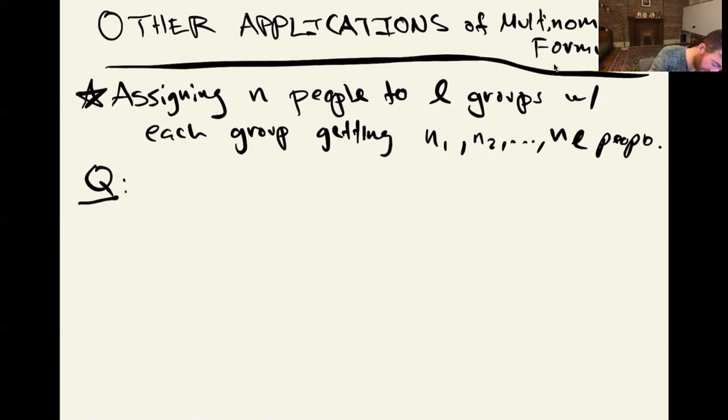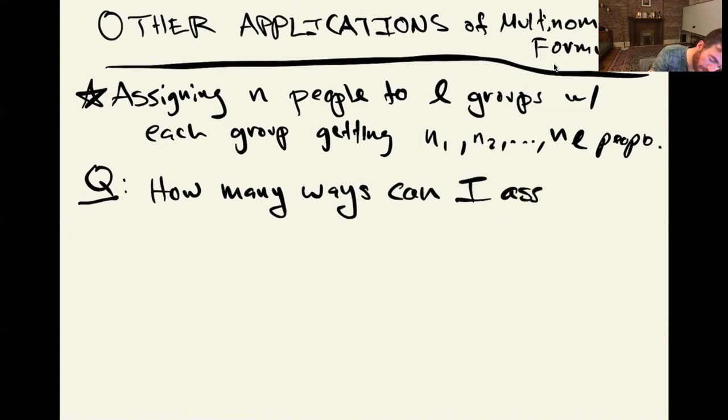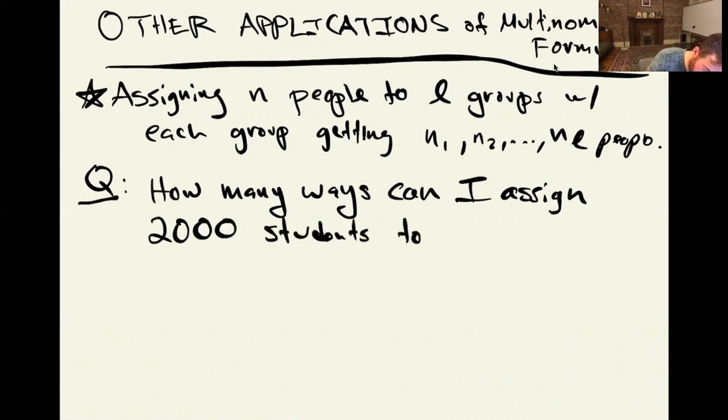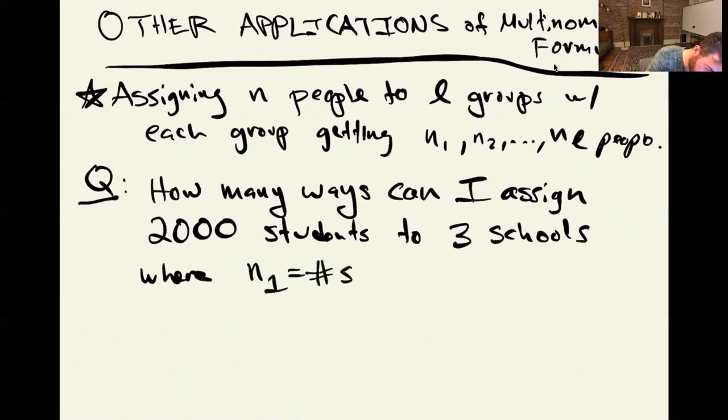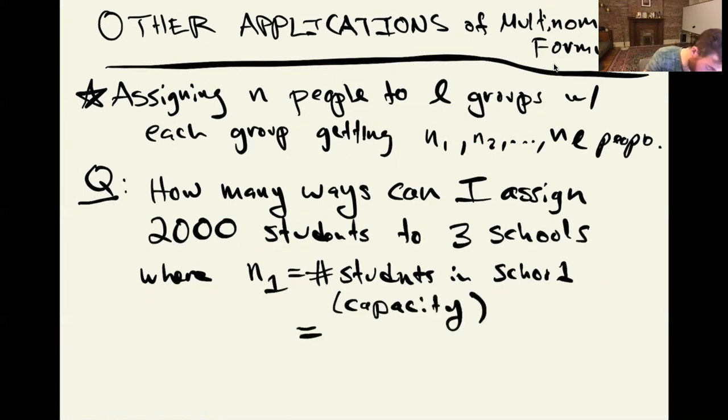How many ways can I assign 2,000 students to 3 schools, where the number of students in school 1, which you could think of maybe as the capacity of that school, is 1,000.